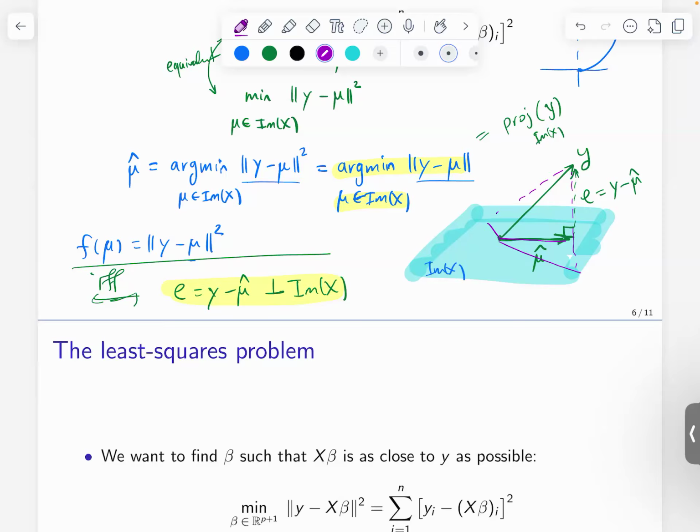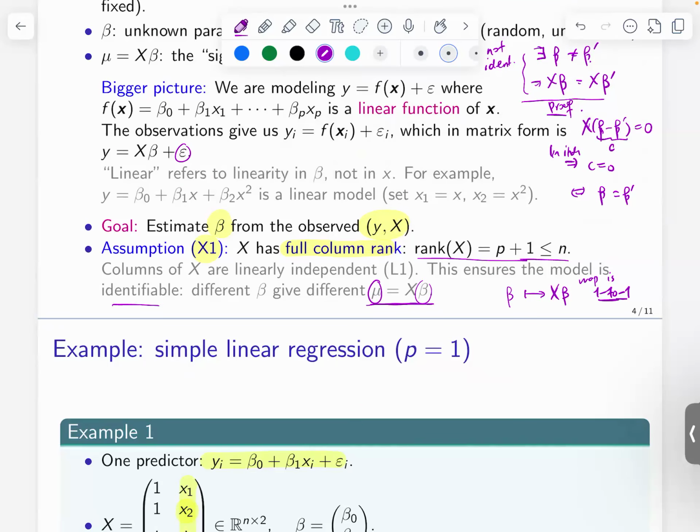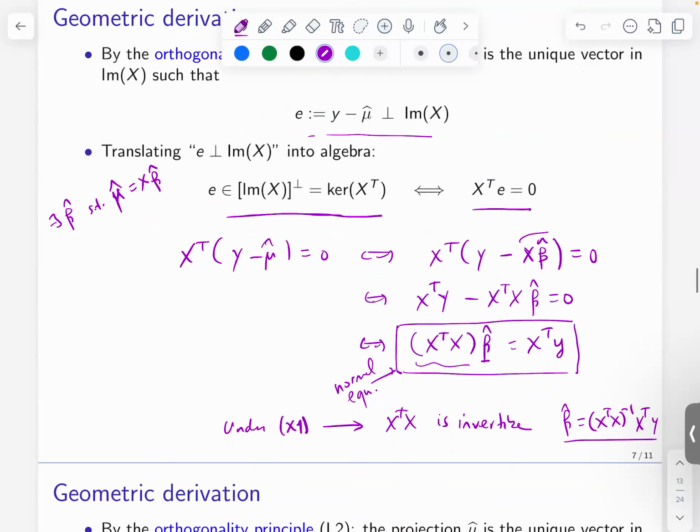And so in practice, the full rank assumption most likely holds if p plus 1 is less than n, because usually things are random enough, but you could be close to low rank. If it's not full rank, it's rank deficient. So the rank is full, but numerically it's close to being deficient. And then it will have issues. This problem will be hard to solve numerically, and a little bit of perturbation would change beta hat widely.